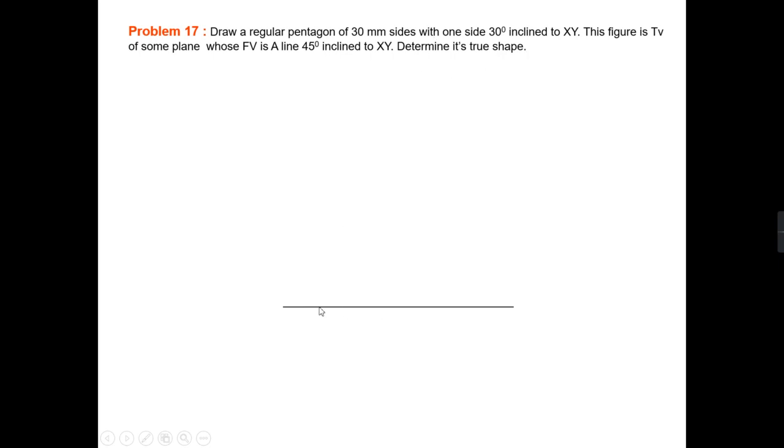So first of all, I will draw a line at 30 degrees and I will draw the regular pentagon having a side of 30. So like this, you can draw the top view of the plane as the pentagon. Remember that your pentagon should not cross the xy line. In any problem we have done until yet, your plane should not cross the xy line.